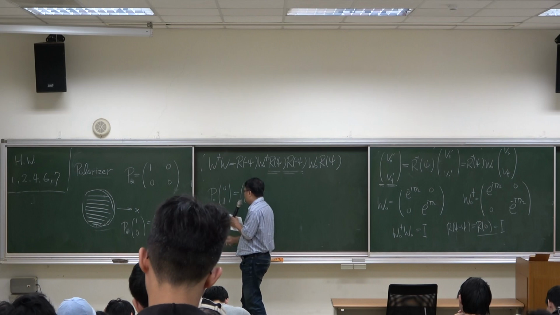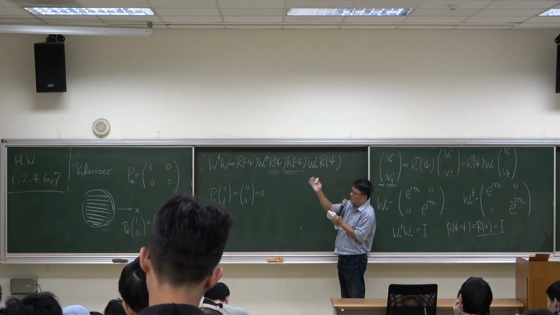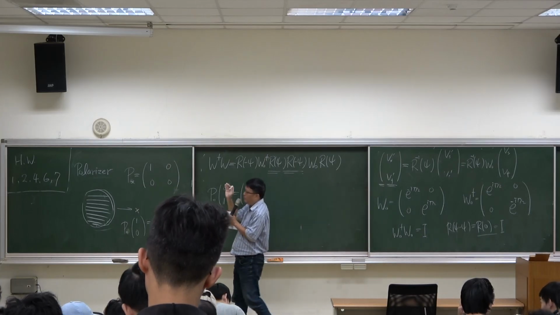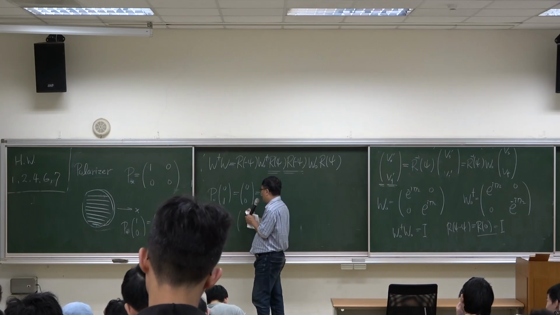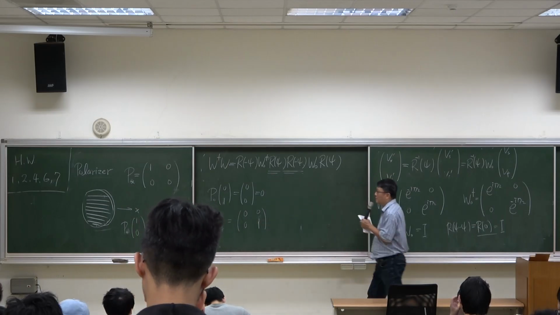I want to represent the y polarizer, which means the y polarization can penetrate through and the x polarization will be absorbed, then the y polarizer can be written as 0, 0, 0, 1. Okay, like this.